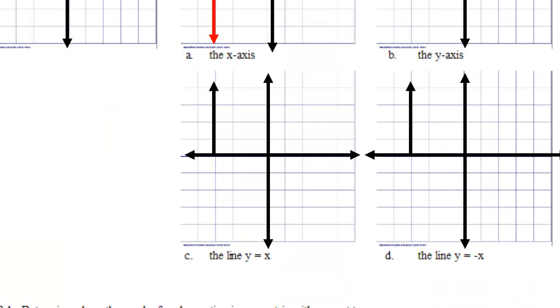C is the line y equals x, which looks a little something like this. If this was reflected over that, it would look like this.